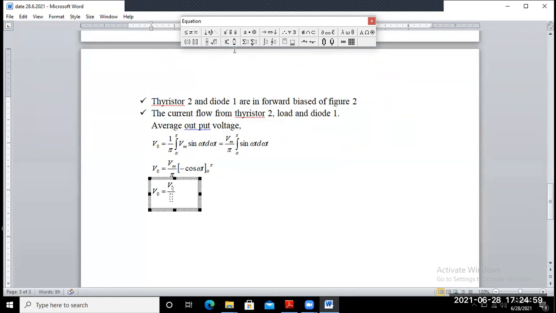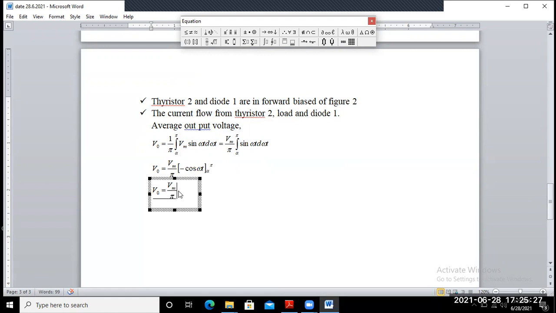Minus cos pi, that means minus minus plus 1. Cos pi is minus 1, so already minus, that means plus 1. And minus of minus cos alpha, that means plus cos alpha.